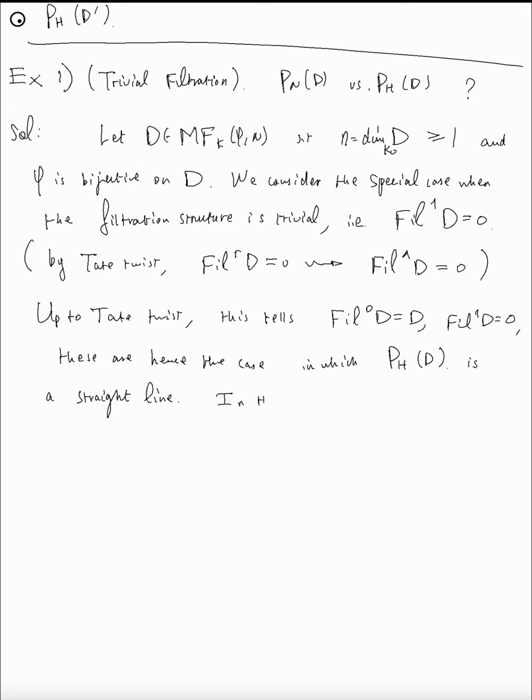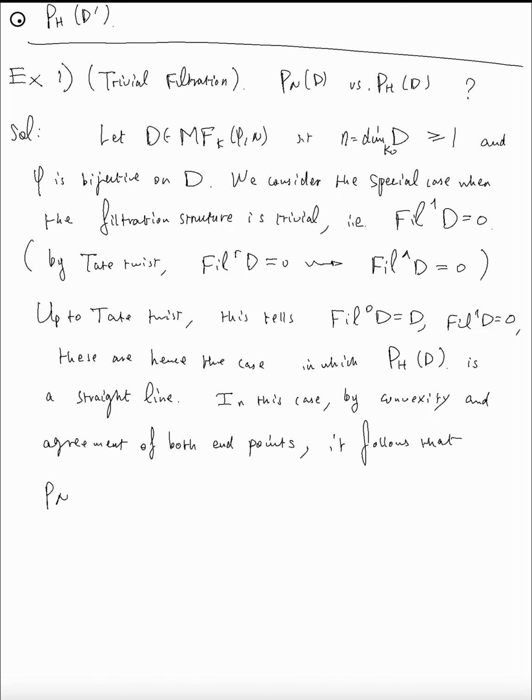In this case, by convexity and agreement of both endpoints, it follows that the Newton polygon P_N of D equals the Hodge polygon P_H. The Newton polygon and the Hodge polygon coincide.